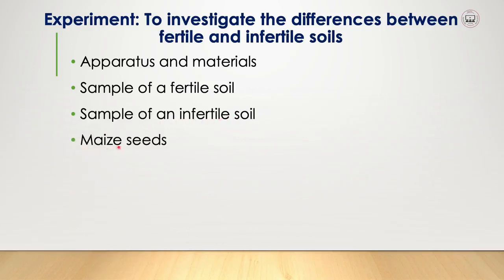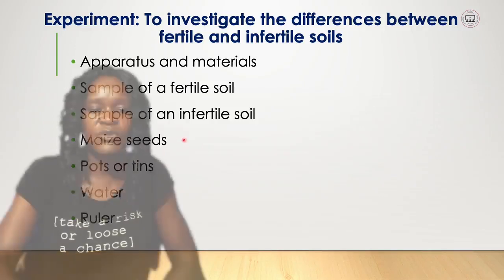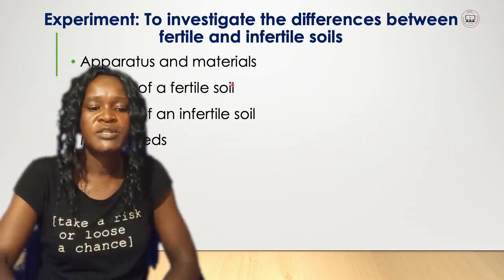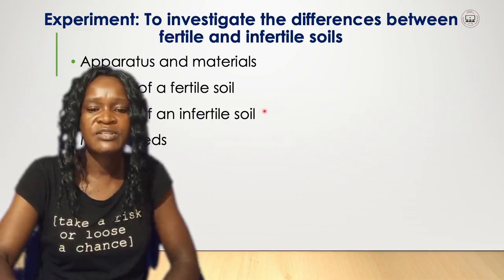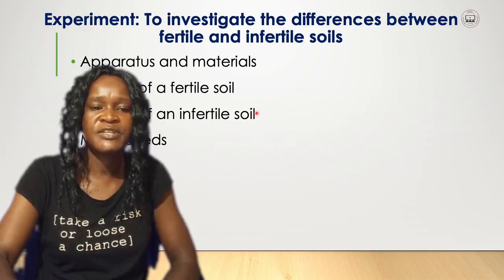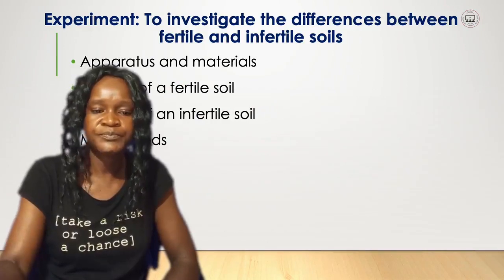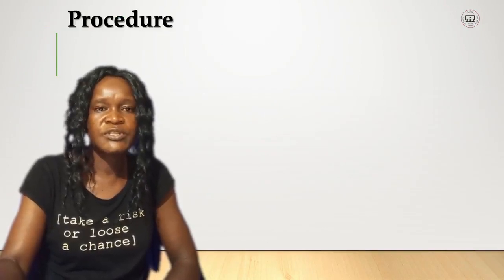You need maize seeds or any type of seed. You need pots or tins. You also need water. You need a ruler. So these are some of the apparatus or materials required when you want to investigate the differences between fertile and infertile soil. So what are the procedures?